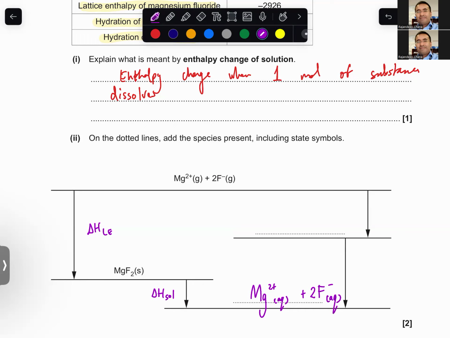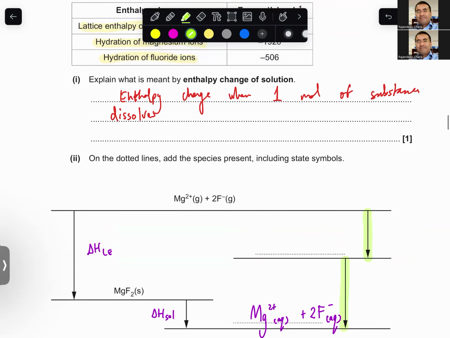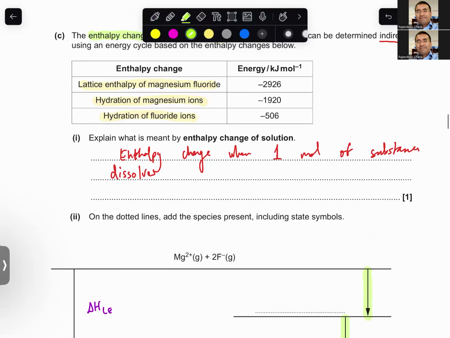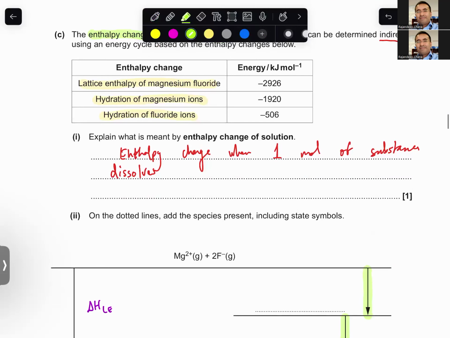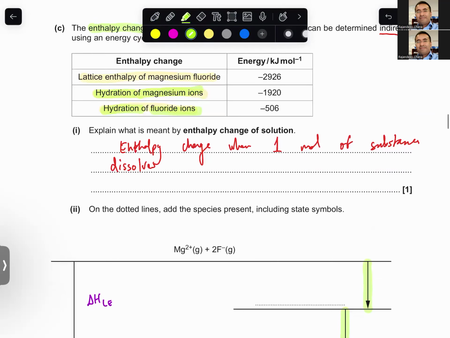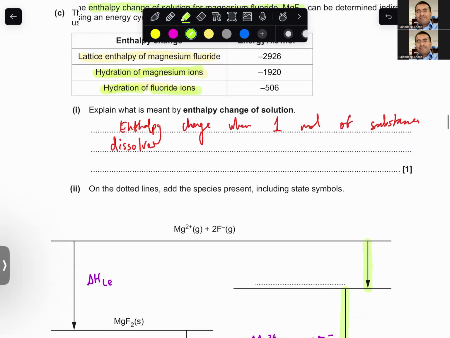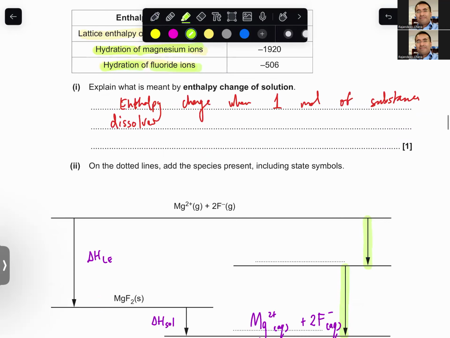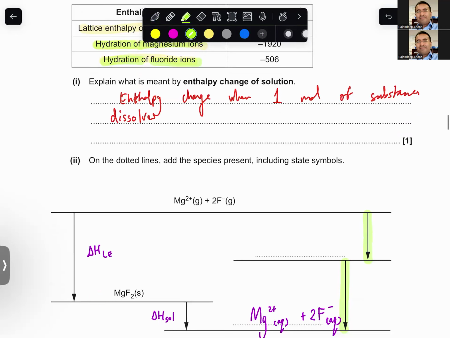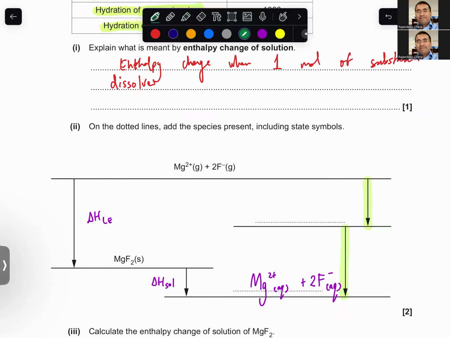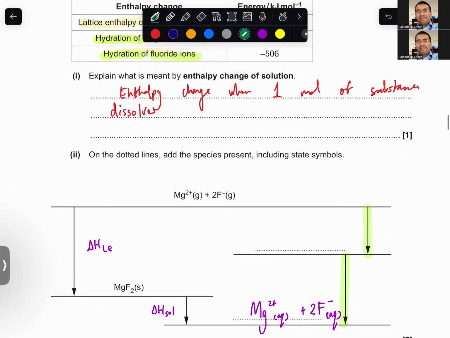Now, what that leaves us with, you've got two changes, from there to there and there to there, these are going to be your hydration enthalpies of magnesium ion and fluoride ions. So all we do, we need to pay careful attention to the state symbols. Which one has a greater magnitude? Looks like magnesium.